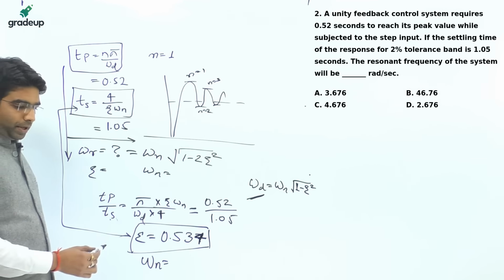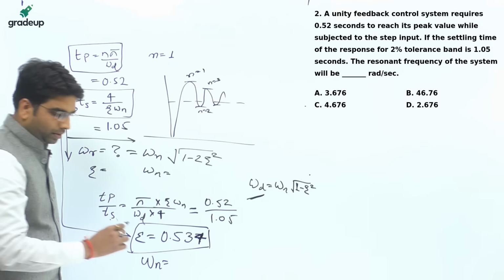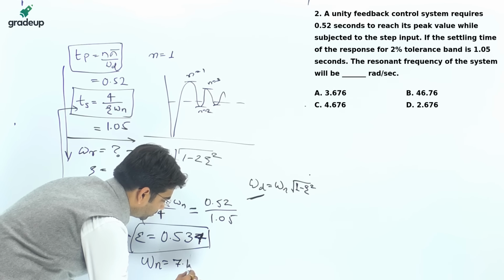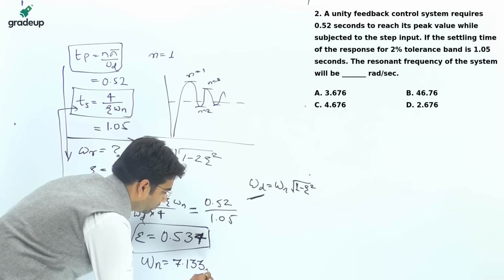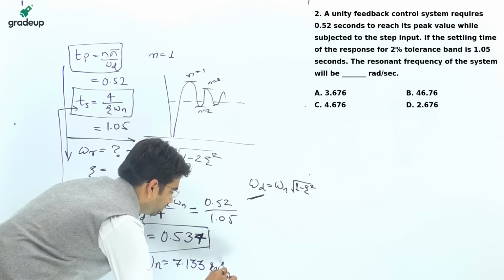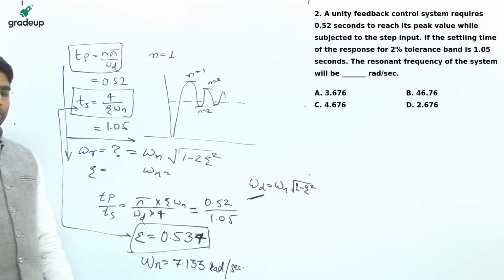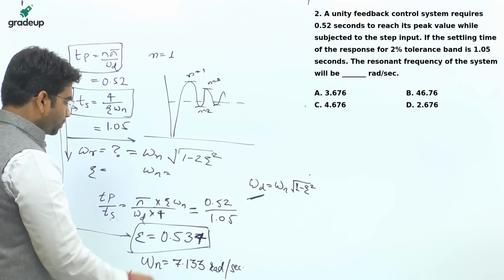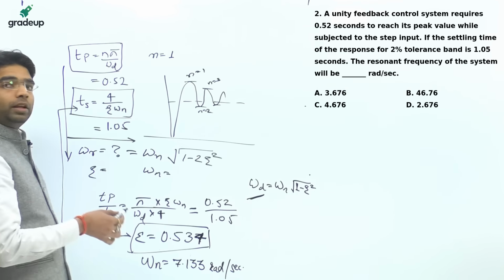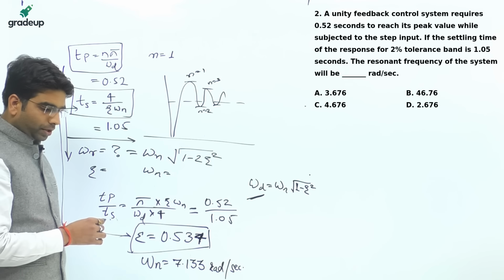So omega n will be 7.133 radians per second, the natural frequency of oscillation, okay.